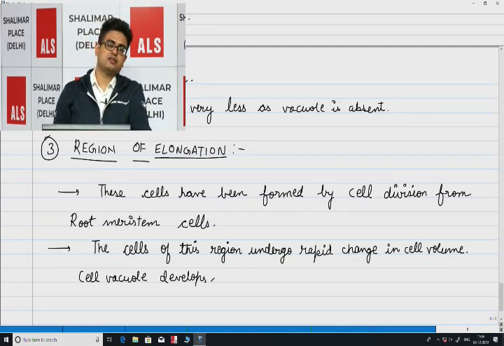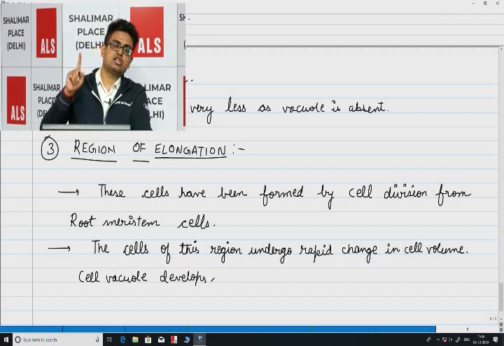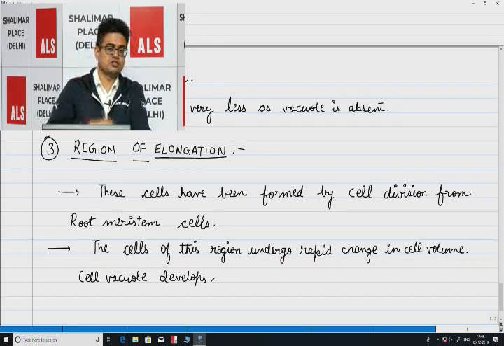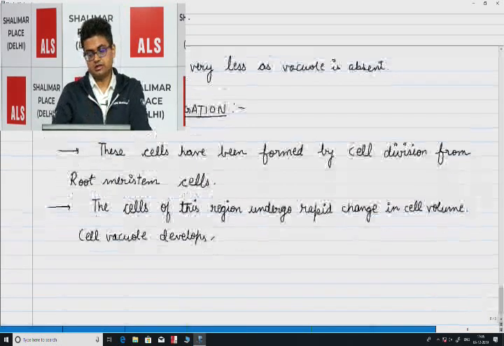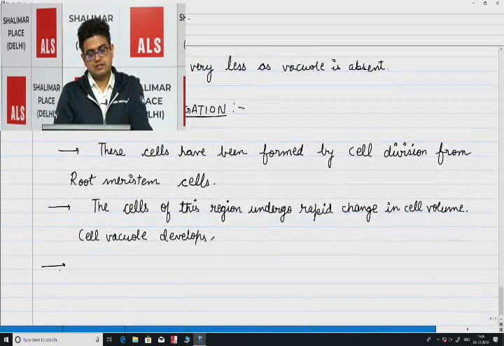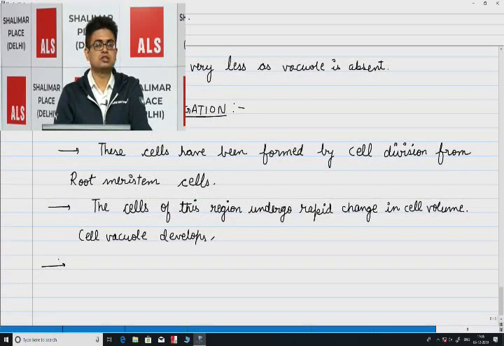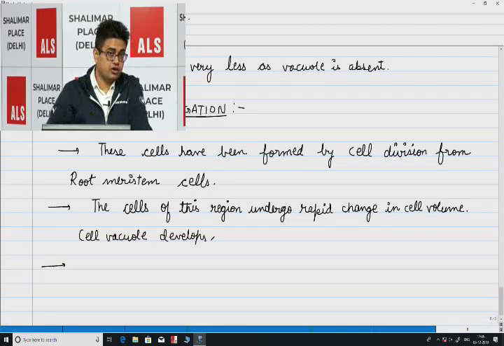You can say that the maximum change in root length is because of this region. Because these cells grow rapidly, the change in length of the root, because the root is constantly growing downwards.